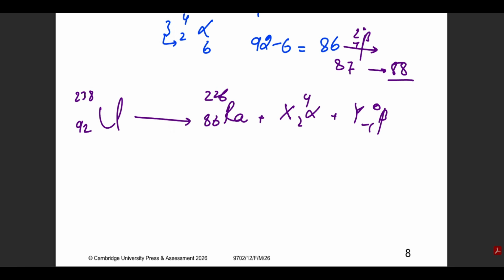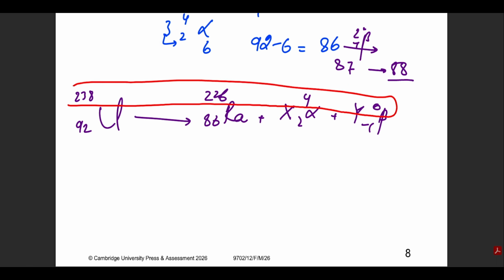You can use the upper numbers, variables, to make an equation for alpha and beta, and then you can use the lower equation. But let's make the upper equation first. So this is going to be 238, arrow treated as an equal sign, then we have 226. Then we have X multiplied by 4. This will be 4X plus Y multiplied by 0, which is going to be 0. This will get you the X.